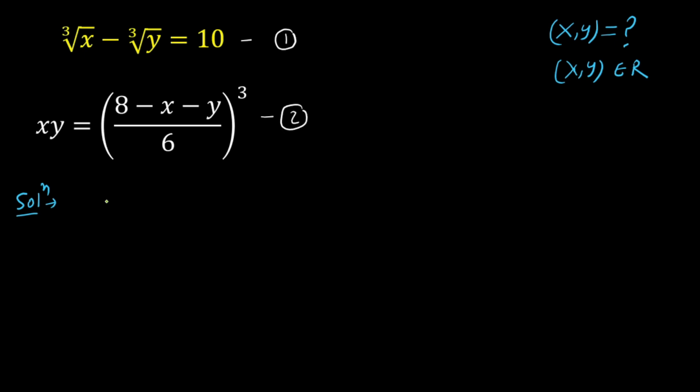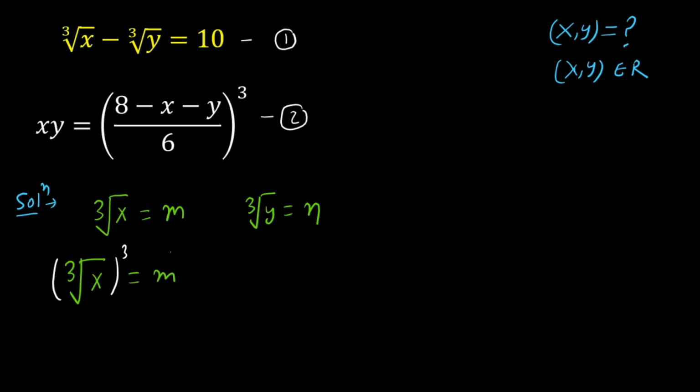Here we substitute cube root of x equals m, and cube root of y equals n. If we take the cube on both sides, in the left hand side the cube root of x equals m, and the cube root is cancelled out by the cube, so x equals m cube.